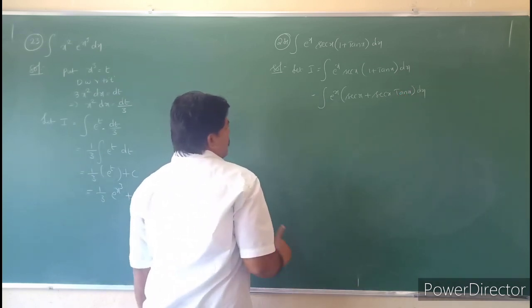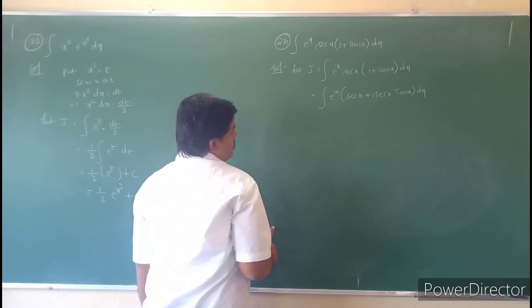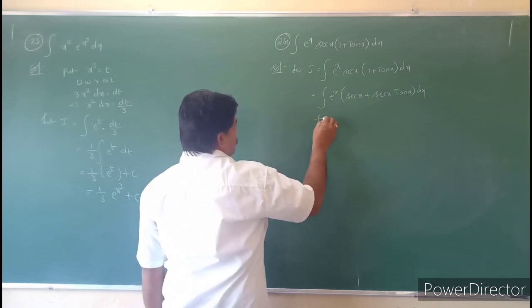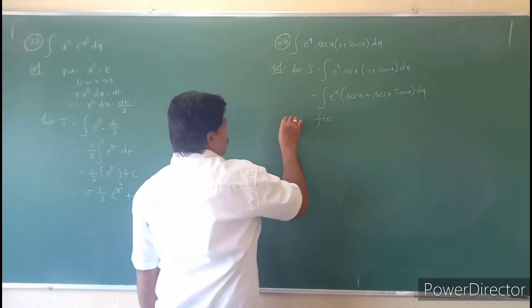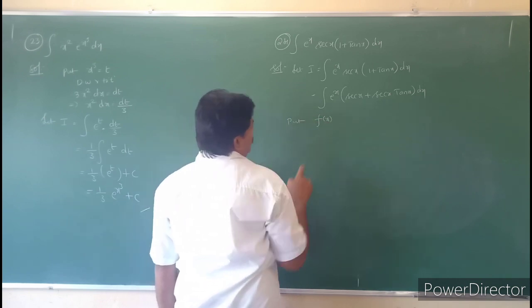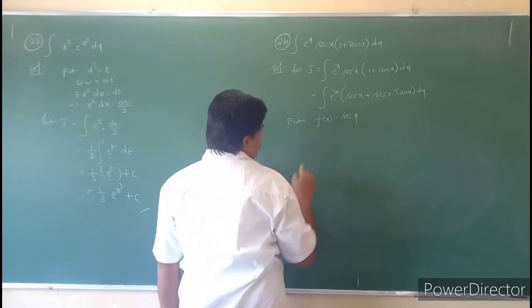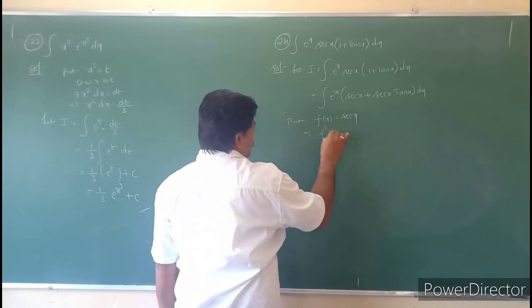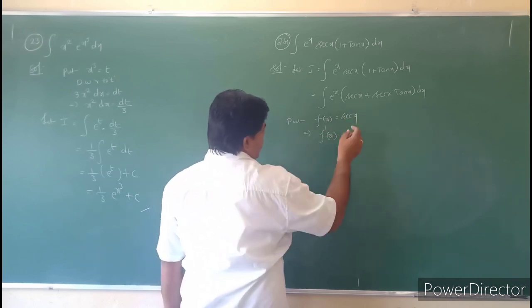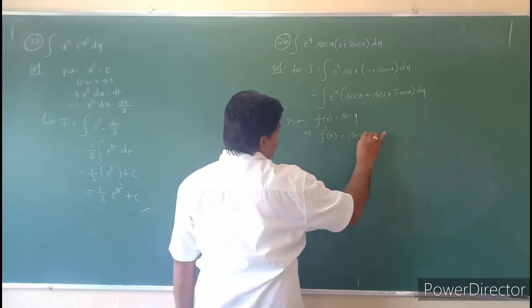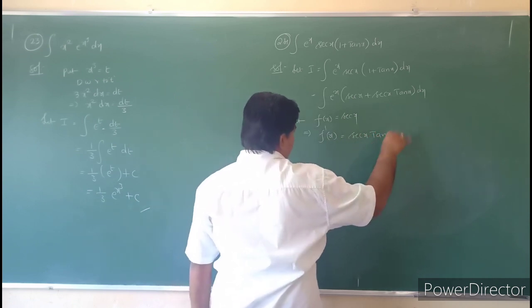So what I observed here is, f of x is equal to secant x. If f of x is equal to secant x, that implies f dash of x, the secant x derivative, is secant x into tan x.